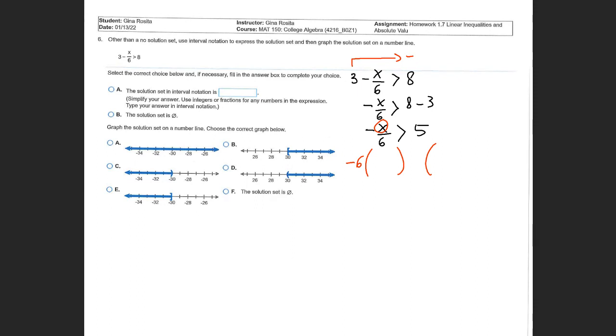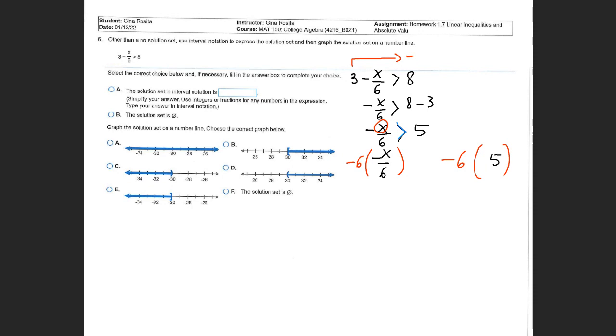Just erase, I made a mistake. I need space. Okay, negative 6 like this. After that, I just copy negative x over 6, and this is 5. Remember, if you multiply by a negative number or divide by a negative number, the symbol changes.